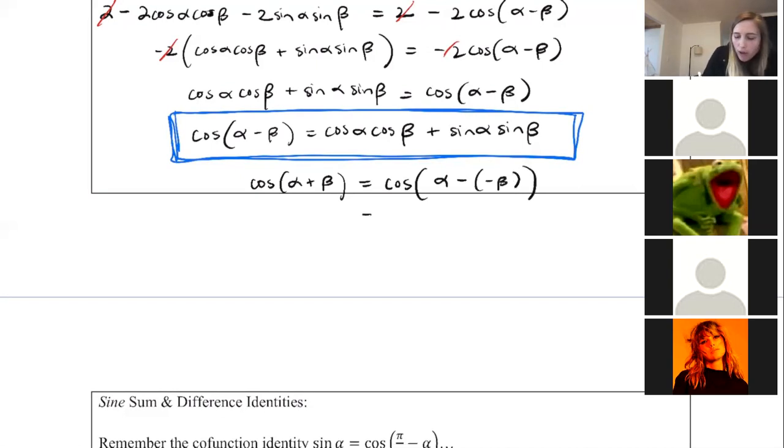Where then if we were to replace all of the betas in our angle difference identity with negative beta, right? We would have cosine alpha, cosine negative beta plus sine alpha times sine negative beta. And then simplify using even odd identities. Well, cosine of negative beta would just be cosine of beta.